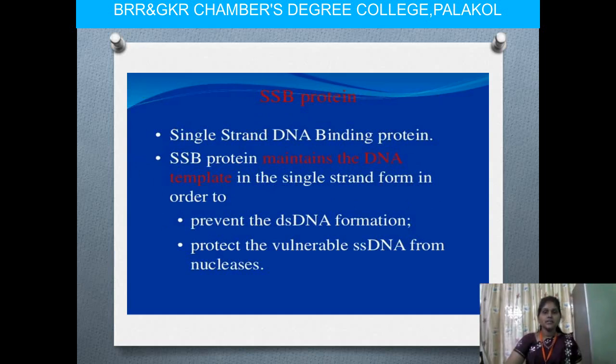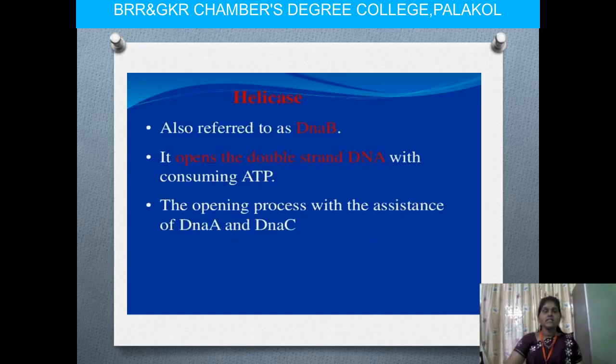Next one is helicase. So it is referred to as DNA B. Helicase is attached to one strand of the DNA, and it helps the DNA to overcome degeneration by nucleases. It opens the strands by consuming energy in the form of ATP.